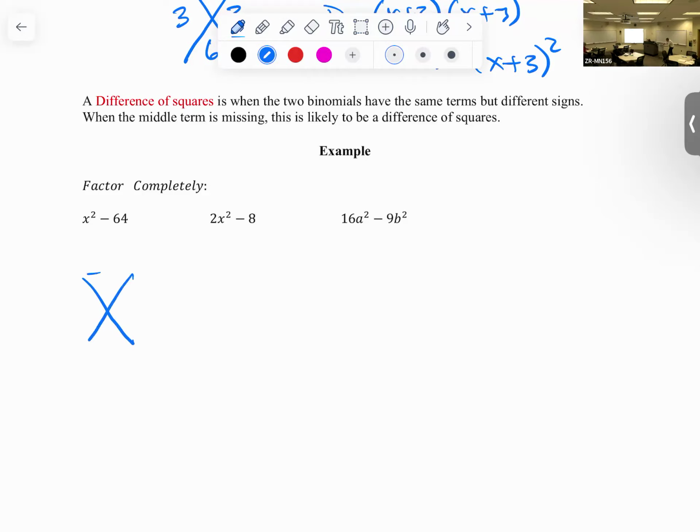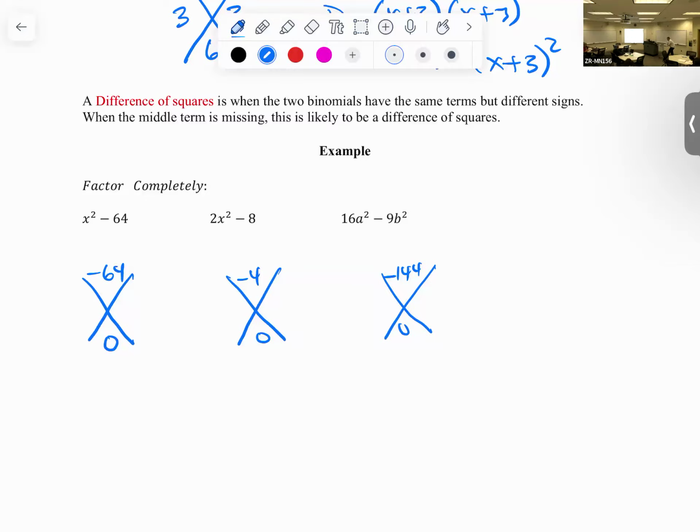All the diamonds of these have 0 in the middle. I can see that just by looking at it. So the diamond works on all of these.